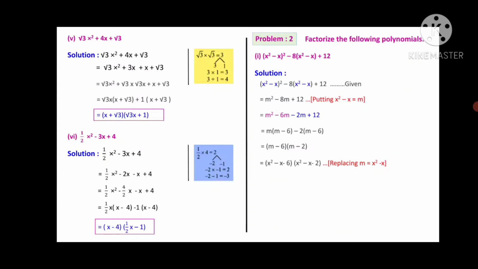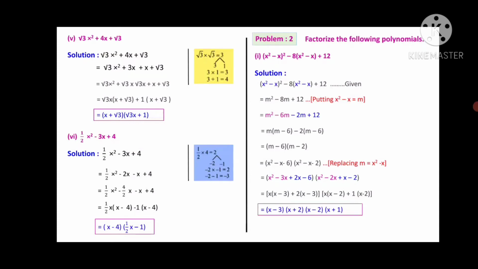We have substituted the value of m as x square minus x. We will get x square minus 3x plus 2x minus 6 for the first bracket and for the second bracket x square minus 2x plus x minus 2, factoring the terms. So here you will get x into bracket x minus 3 plus 2 into bracket x minus 3. In the other square bracket, we use x into bracket x minus 2 plus 1 into bracket x minus 2. So the factors will be first x minus 3, second x plus 2, third x minus 2, and fourth x plus 1.